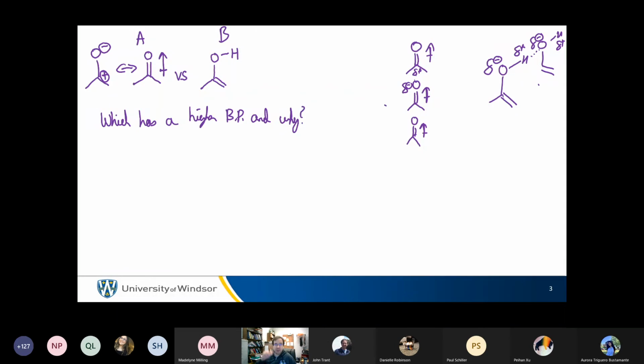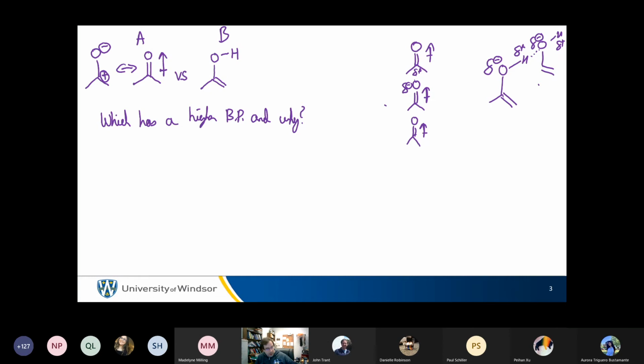It's a dipole-dipole interaction, just a special subclass of dipole-dipole interactions, which tend to be quite a bit stronger. Does the double bond have anything to do with it? No. The double bond just keeps the molecular weights of the two molecules the same. It has nothing to do with the strength of the intermolecular interactions.